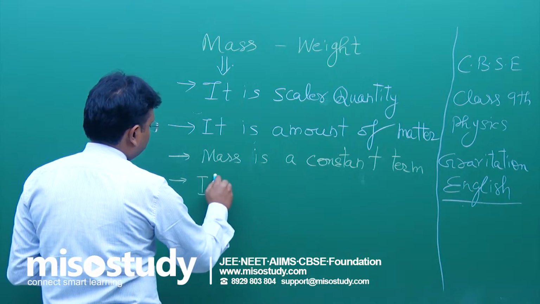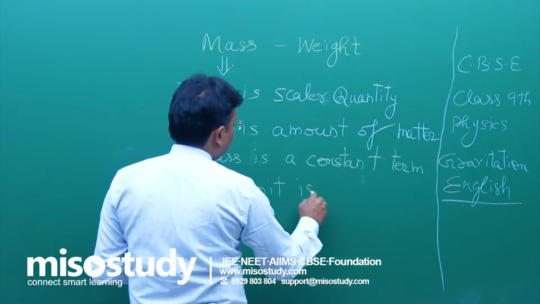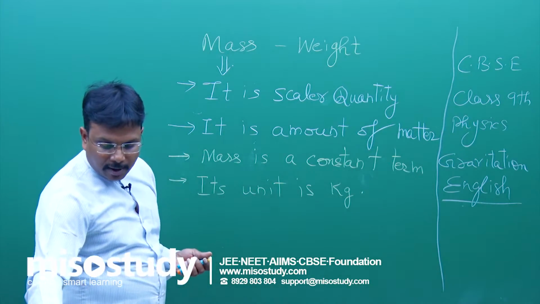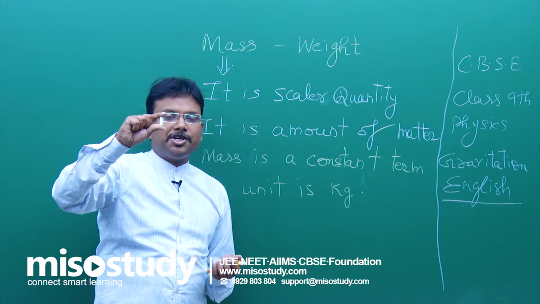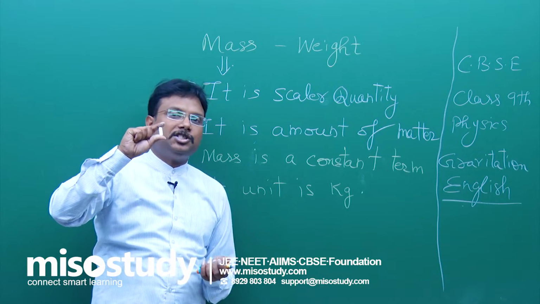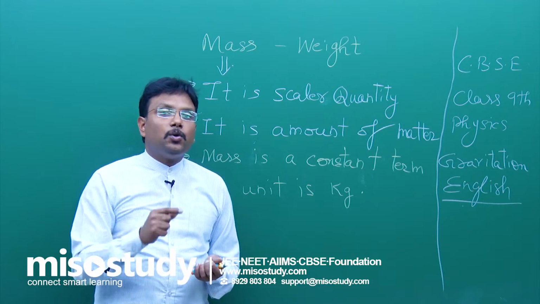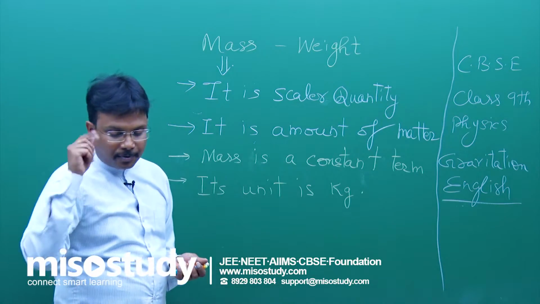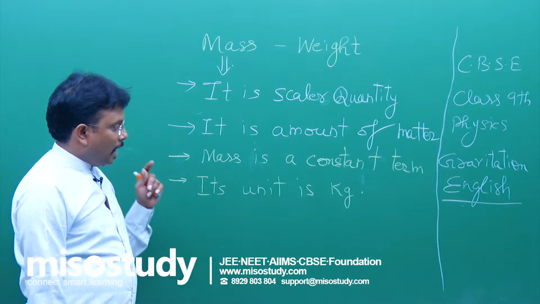Its MKS unit is kilogram. If I am saying the mass of this chalk is 5 grams, then for calculation purposes I must change it into kilograms. So I will say 5 grams is 5 into 10 to the power minus 3 kilograms. Okay. So this is the idea of mass.